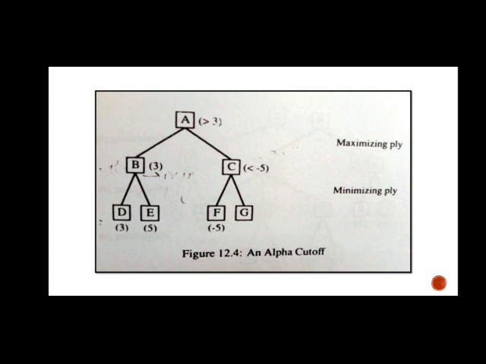But if the maximizing node is not at the top of the tree, we must also consider the alpha value that was passed down from the higher node. And we look at the example of 12.5.